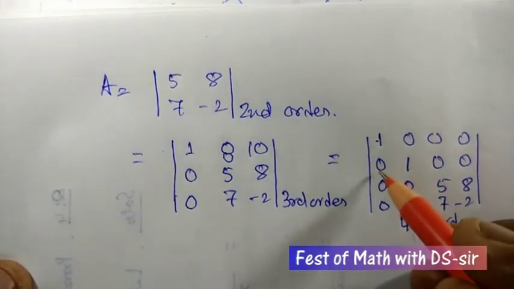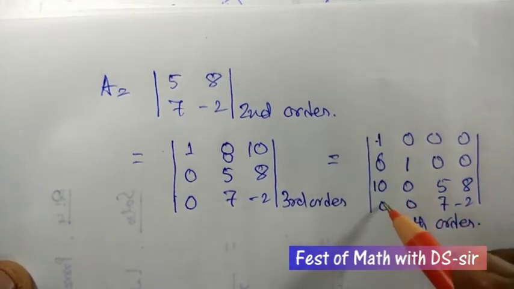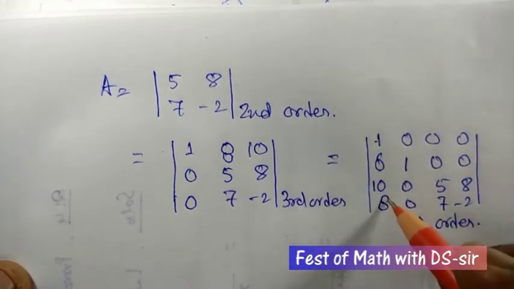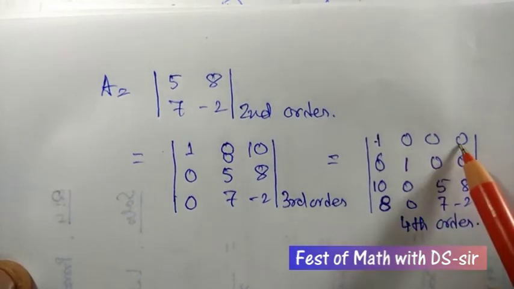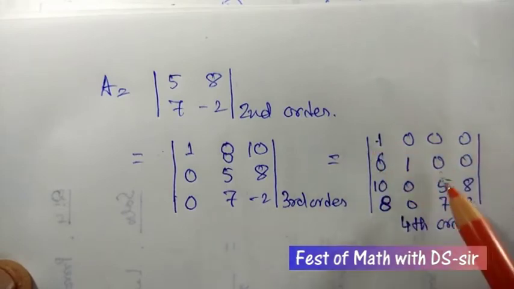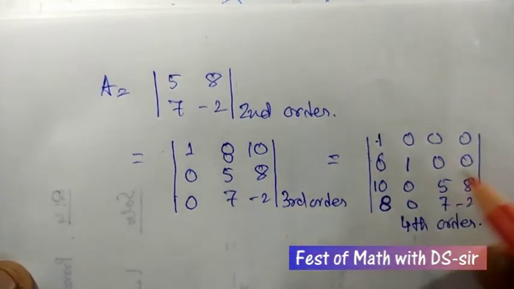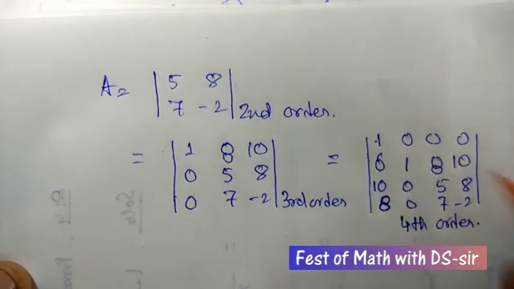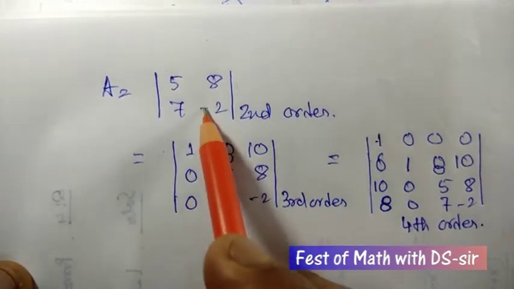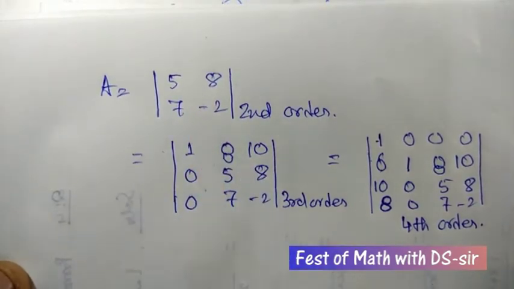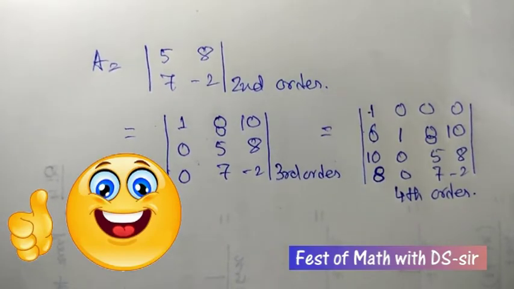Likewise, you can write this determinant as 6, 10, 8, keeping all these 0, and on expanding this determinant with respect to first row, you will get this determinant. This determinant, that is 8 and 10, and again expanding this determinant, we will have this determinant. So this is the process of increasing the order of a determinant.